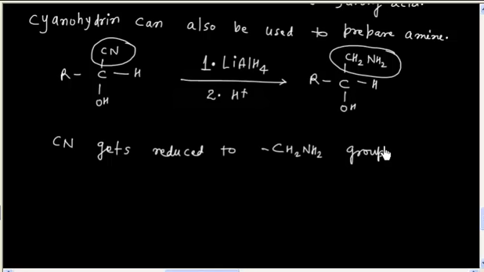We can also use HCN plus salt of CN like NaCN or KCN. In the last we said cyanohydrine can be used to prepare different functional groups. It can be hydrolyzed to give acid functional group and it can be reduced to give amine functional group.